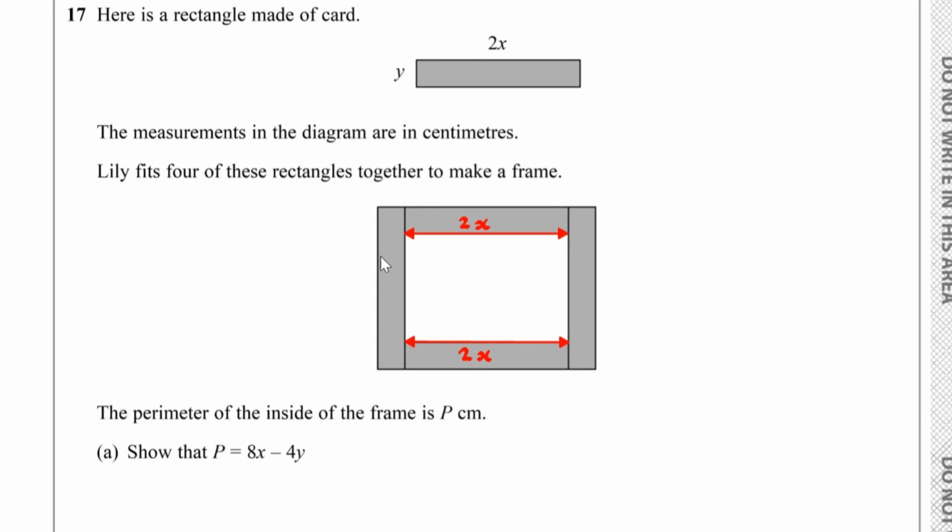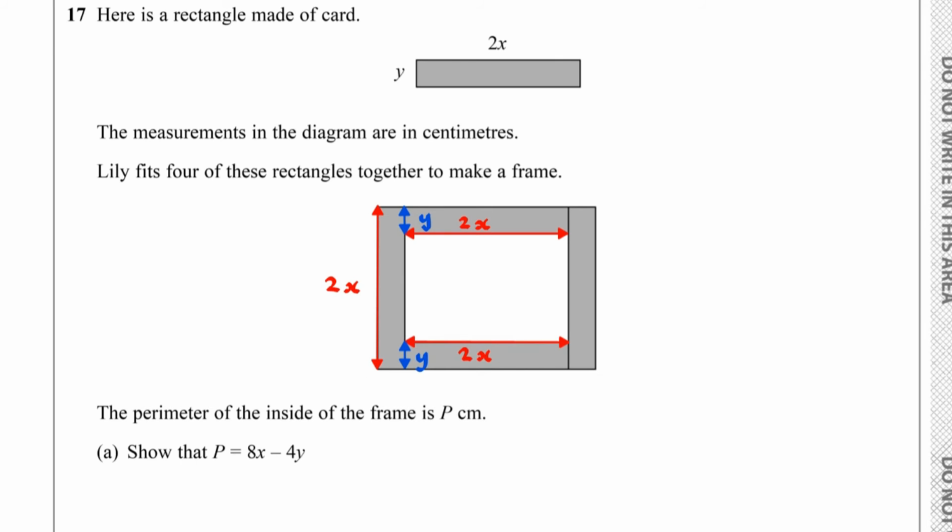Now if I've got 2x here and I know already that this length here is y, and I also know that this length here is y, and also this length here is 2x.